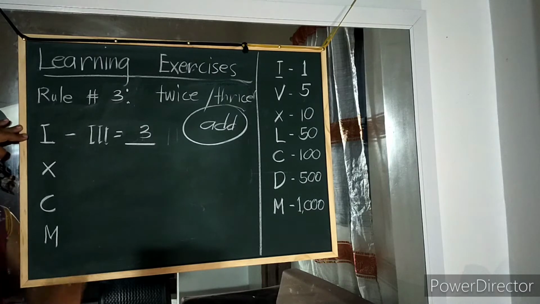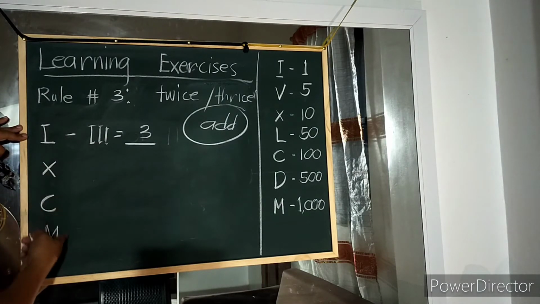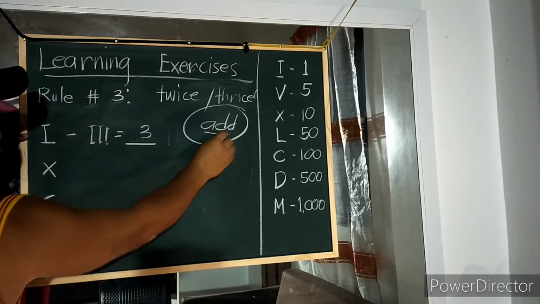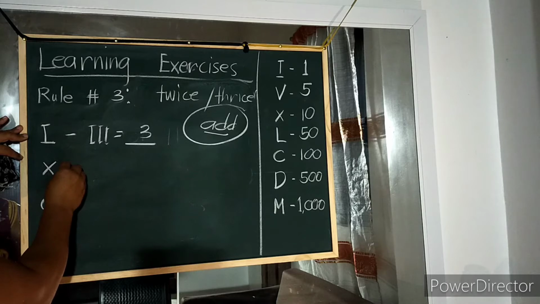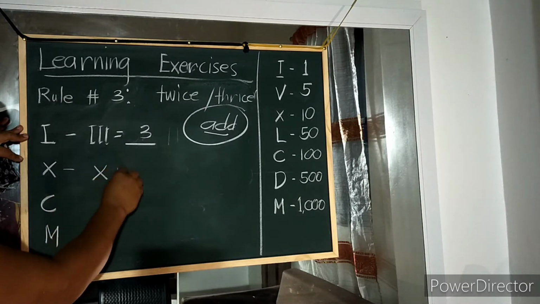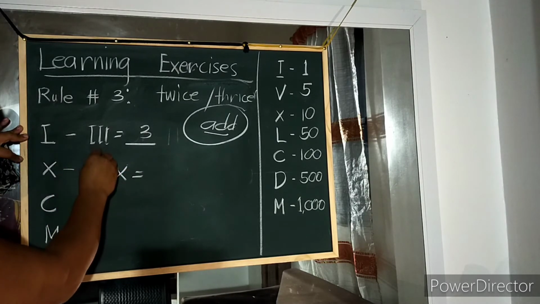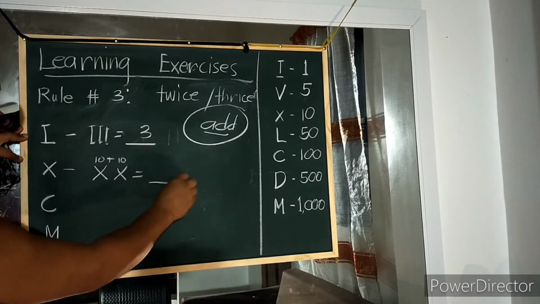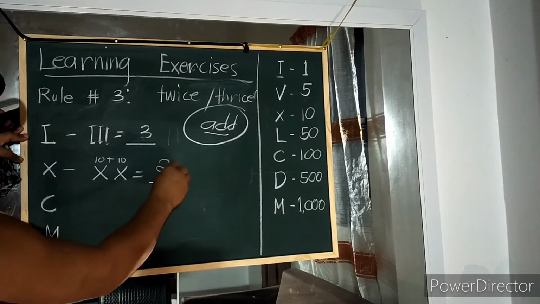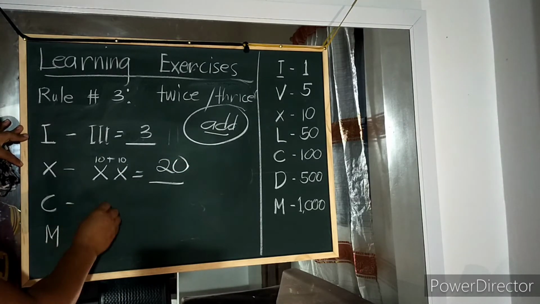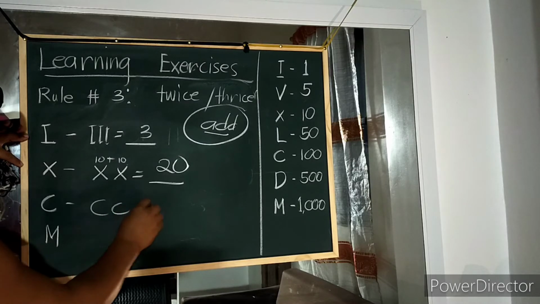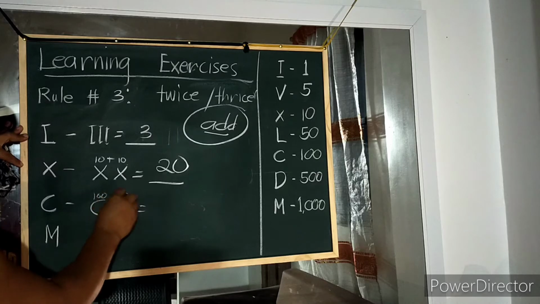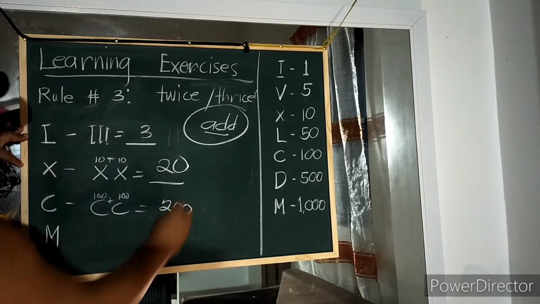Again, if these letters I, X, C, and M are written in succession twice or thrice, all you're going to do is add their value. Another example: X and X. The value of X is 10. So add. X and X is 20. Then C and C: 100 plus 100, that is 200.